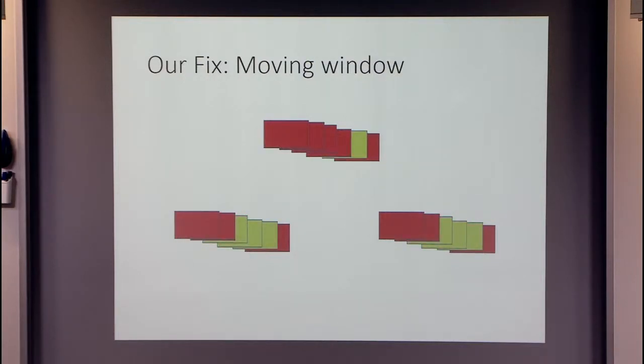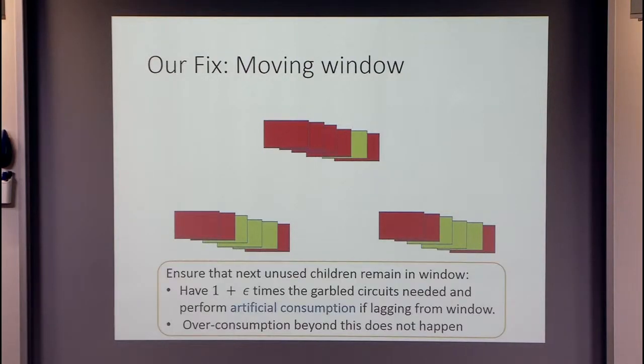So I'll have a moving window. For example, in this, which is the fourth root garbled circuit, I have a window of keys for the left children and a window of keys for the right children. And the next one will have a window that moves a little ahead. In order to make this idea work, we need the number of garbled circuits to be slightly larger than the expected amount.